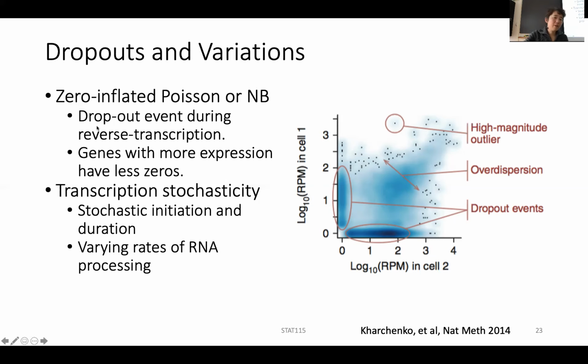There are several levels of dropouts. The first is that there is transcription stochasticity. If you look at people doing single molecule or single cell experiments, they might notice that some transcripts, when expressed in a single cell, have a burst, and then rest, and then another burst of transcription.